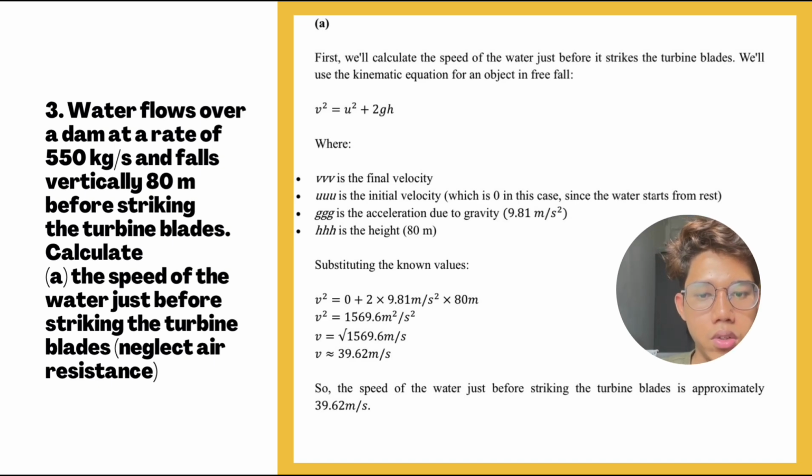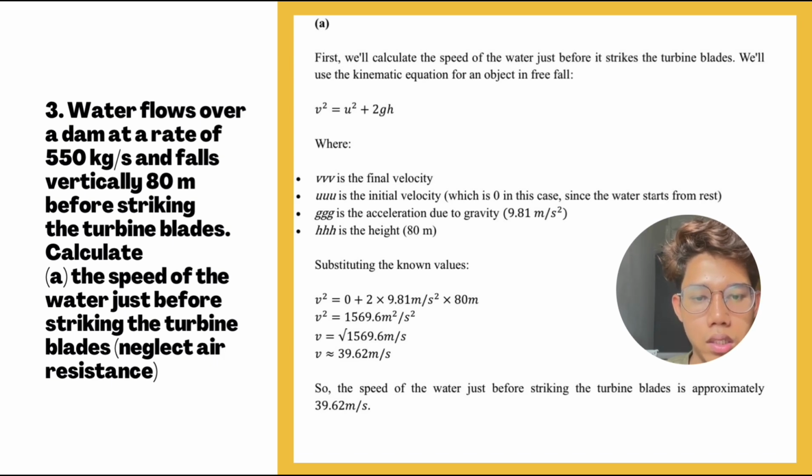Substituting the known values, v squared equals 0 plus 2 times 9.81 meters per second squared times 80 meters. The second step, v squared equals 1569.6 meters squared per second squared.